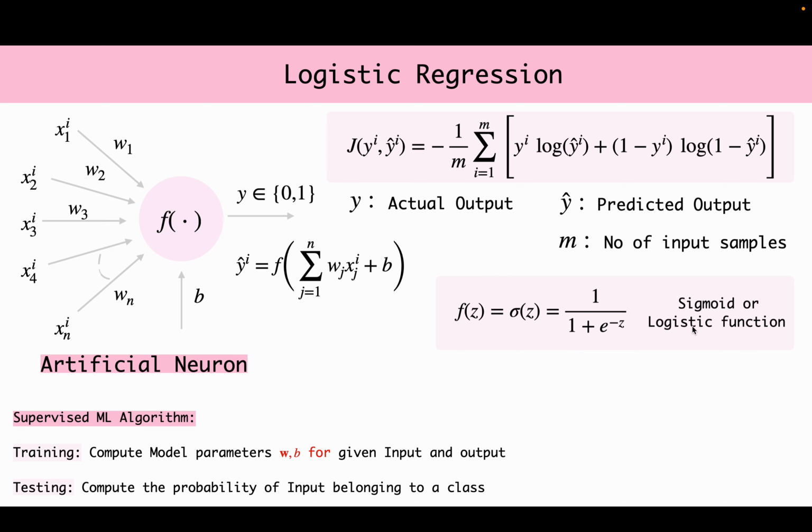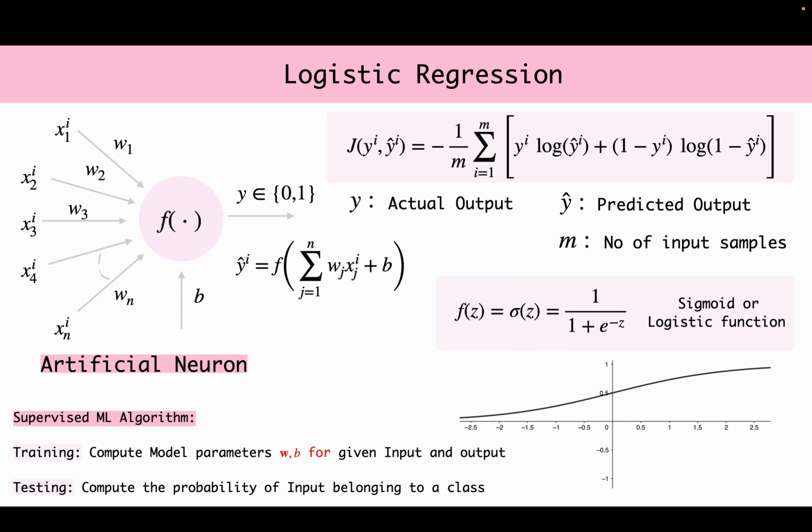And we use the activation function called sigmoid, or the logistic function. We use this because the range of this function lies between 0 and 1, which is what we needed, because we want probability as the output, where the value should lie between 0 and 1.